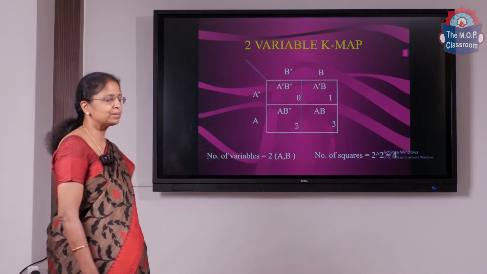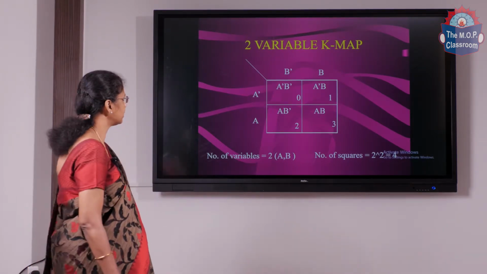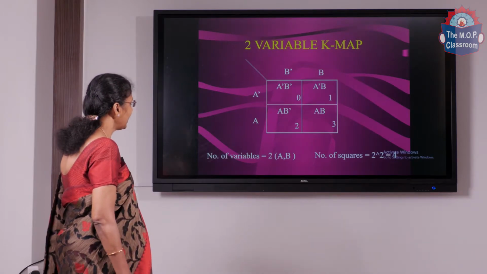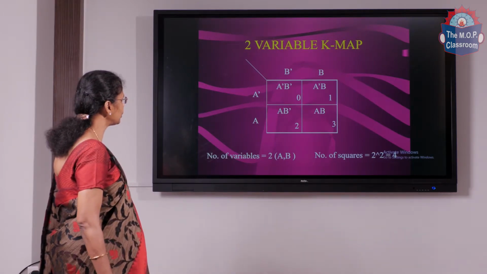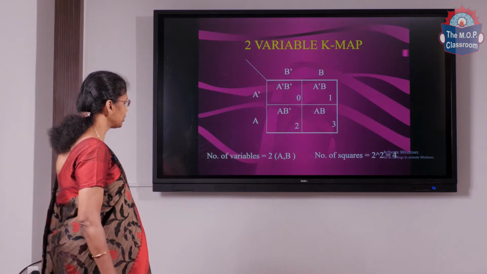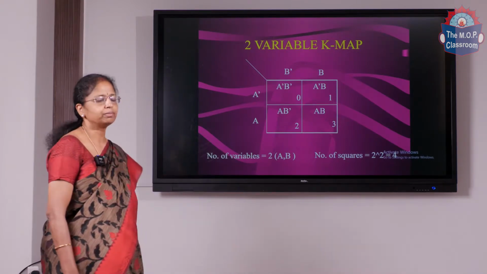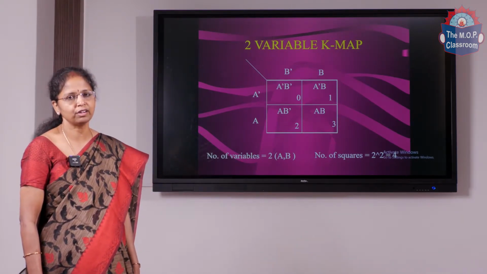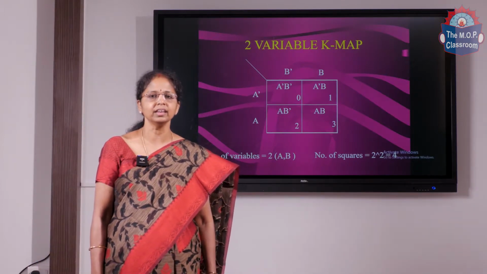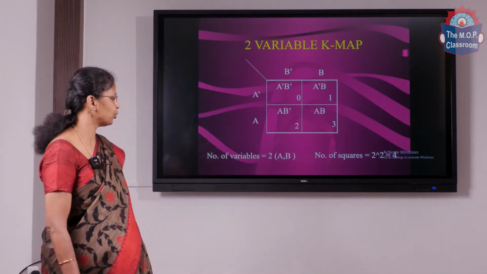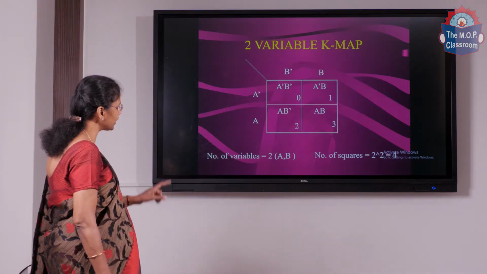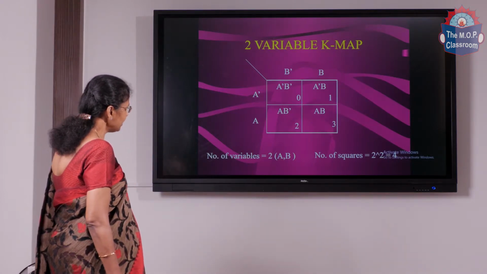We use the variables A and B for the 2 variable representation, and this is a K-map for the 2 variable representation. So, how many squares do we have? Just now we saw that the general formula is 2 power n, where n is the number of variables. So, 2 power 2 is 4. So, we have 4 squares in the 2 variable K-map.